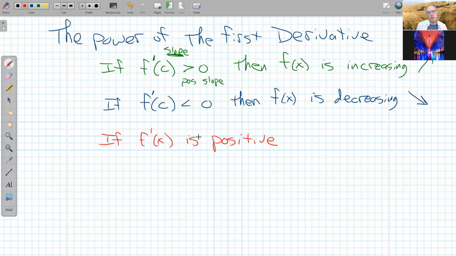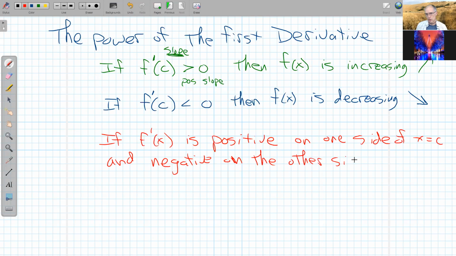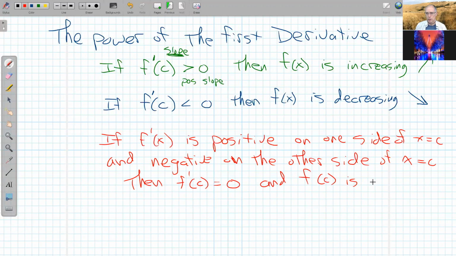So if f prime of x is positive on one side of x equals c and negative on the other, then f prime of c is 0, and f of c is an extreme value.